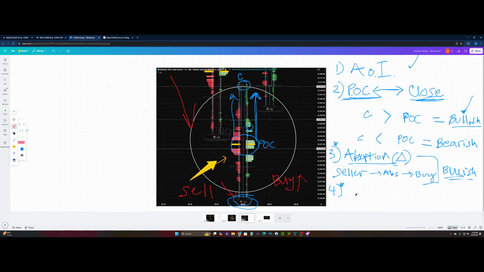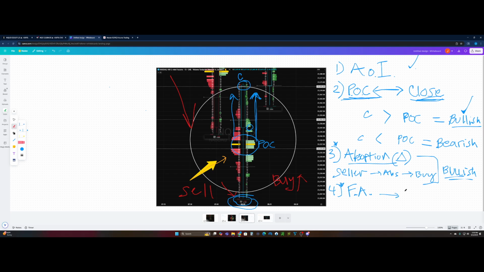I'm going to put another star here because this is just another level of confluence you can add to your trade, right? So I'm just going to put FA for finished auction, okay, because we're lazy. Finished auction, okay? This finished auction is giving us what?